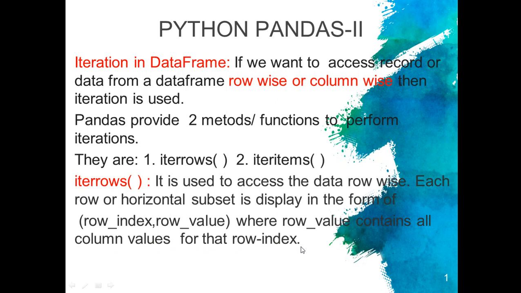One complete row will have the first column value, then the second column value, then the third column value. In that way we will be accessing one complete record. If the row index is 0, then all the column values of that particular row index will be accessed. That means one horizontal subset or one complete record will be accessed. So we will see practically how it will be done.